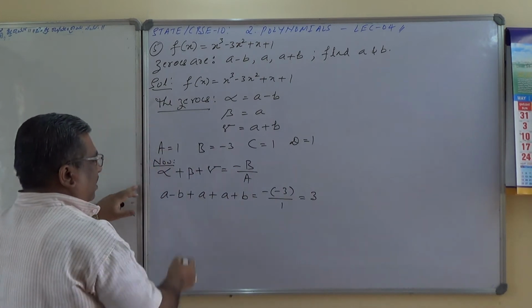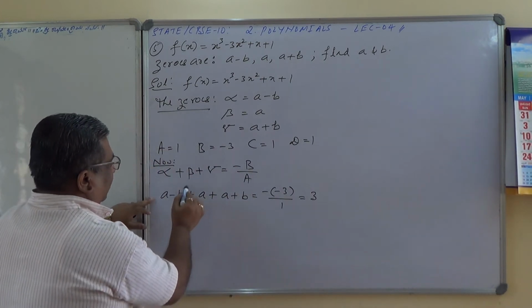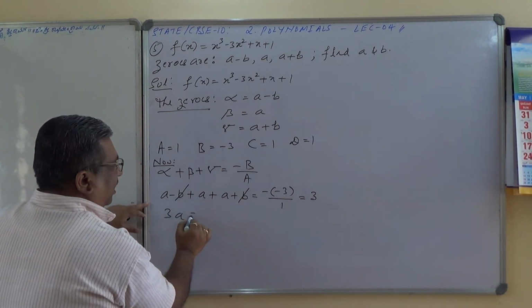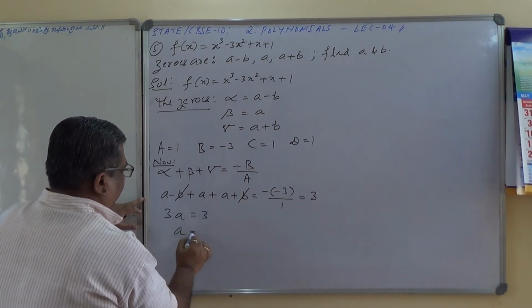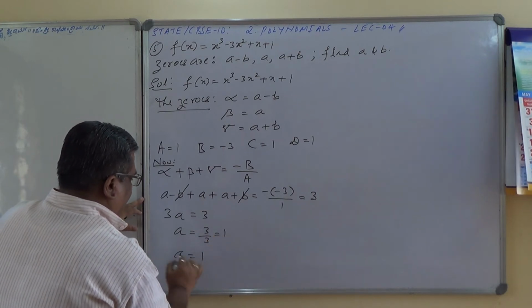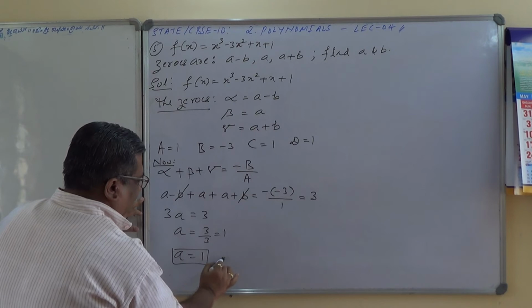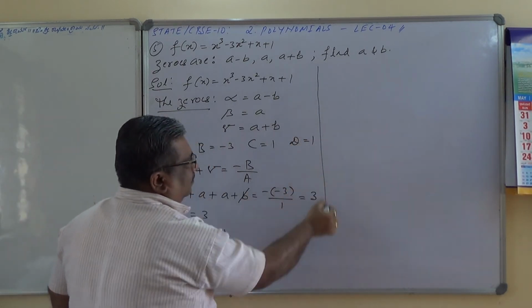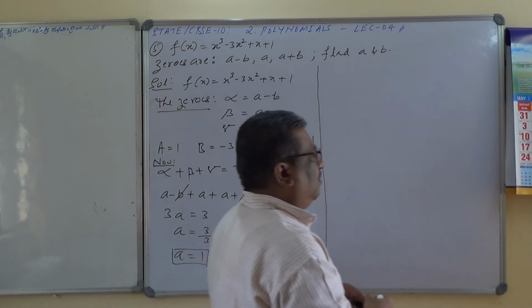So a minus b plus b cancels, 3a equals 3, a equals 3 by 3, which is 1. Therefore a equals 1. Mark it 1. How do you find out b now?